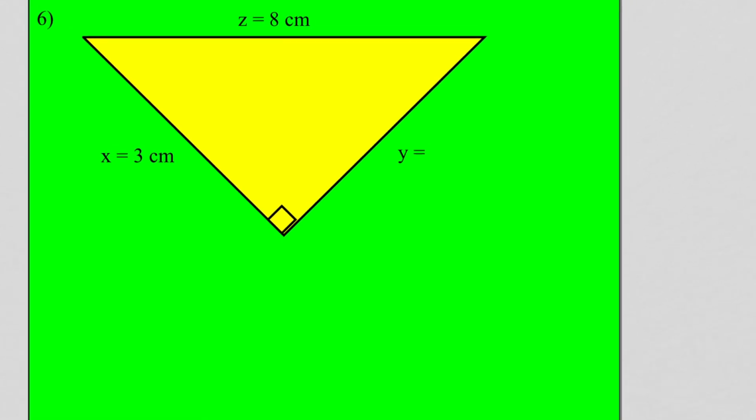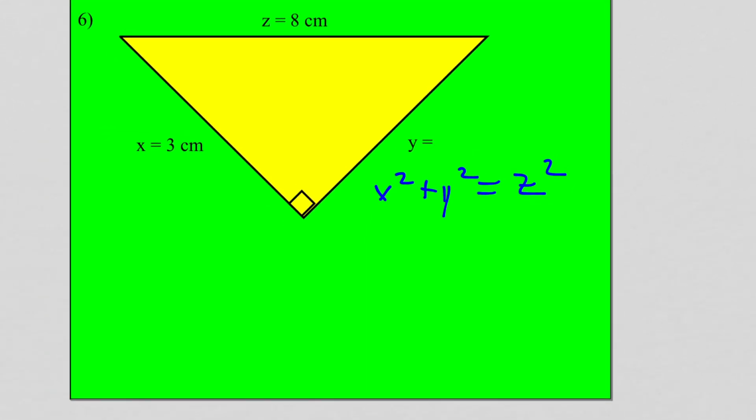So to solve this, we know we're missing a leg because we know the value of the hypotenuse. The Pythagorean theorem here is basically x squared plus y squared equals z squared. In this case, x is 3, so 3 squared plus y squared equals z, which is 8, so 8 squared.